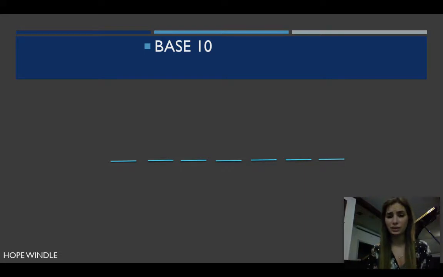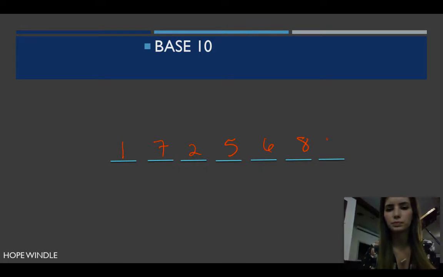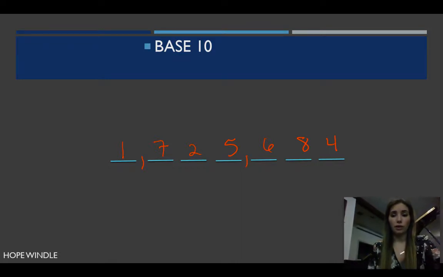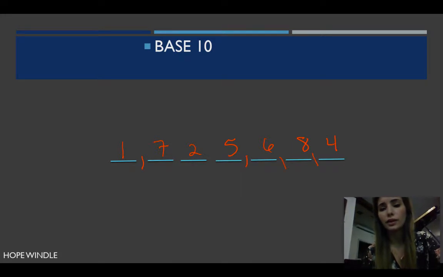When I say base 10 system, let's think about a number like this. How would you read this number? We would probably look at it, if we put our commas here, we would call it 1,725,684, right?